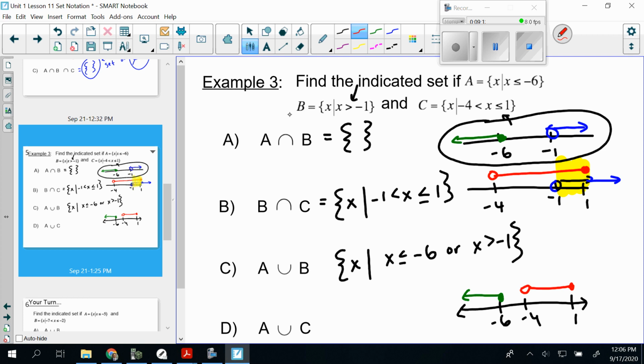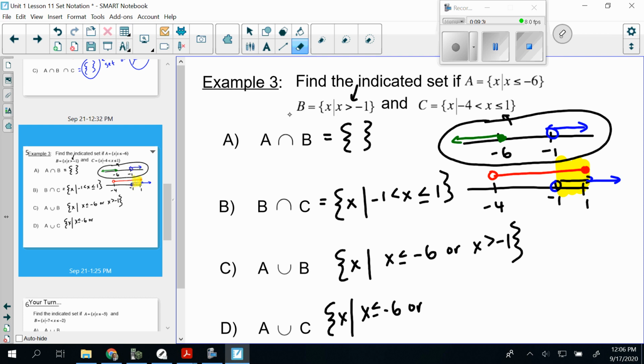And union means just the points together. So we would write this out as all those points. So it'd be the x values where x is less than or equal to -6, or x is between -4 and 1. So basically just writing these both out together. So that would be the union of those two.